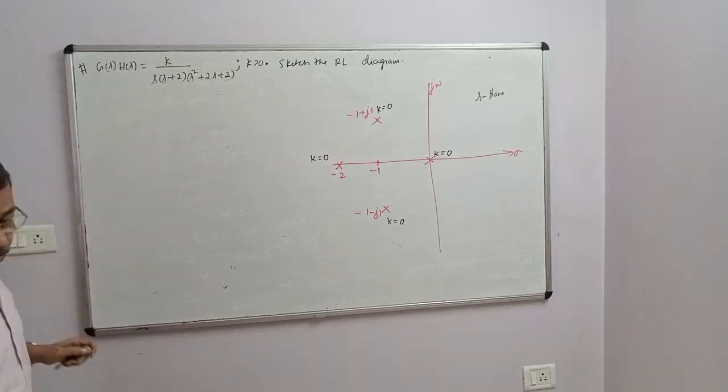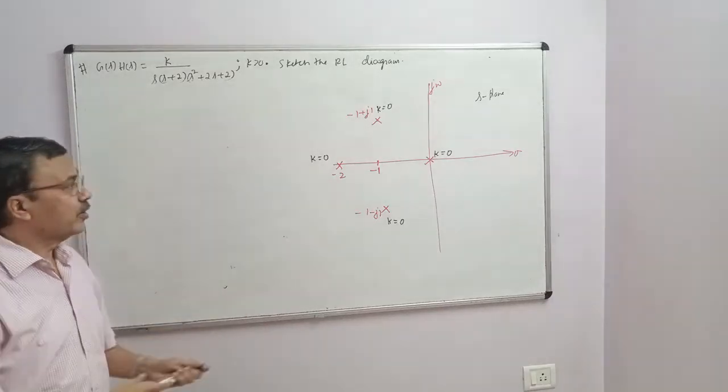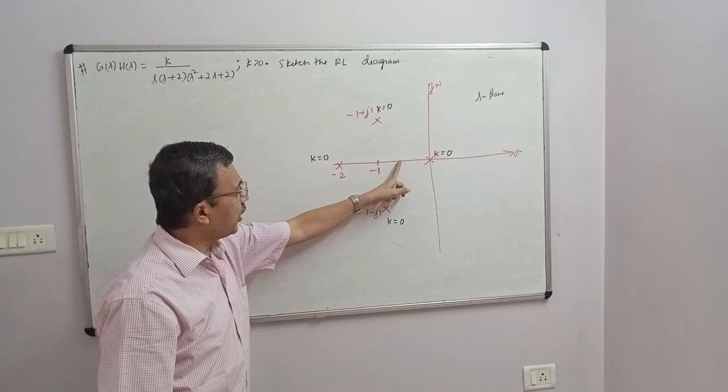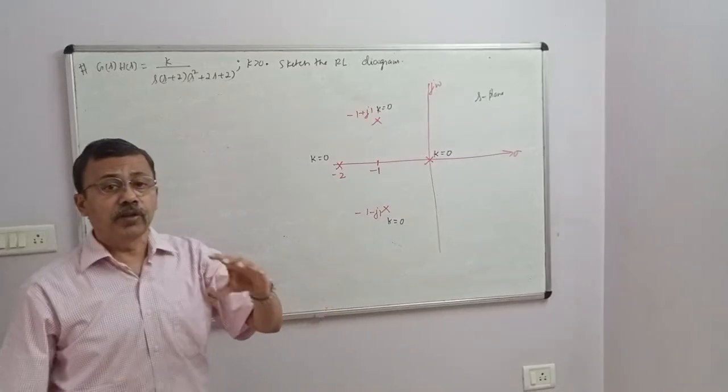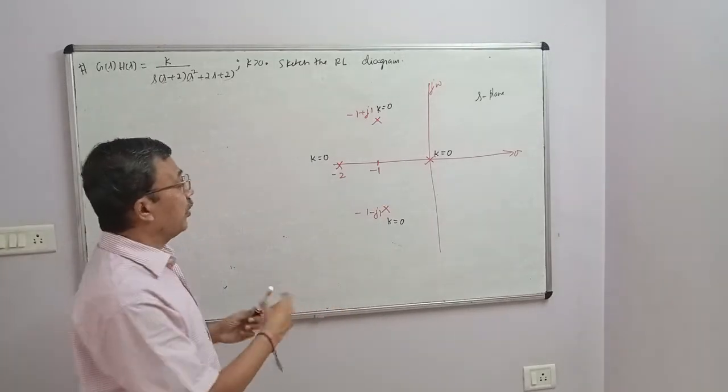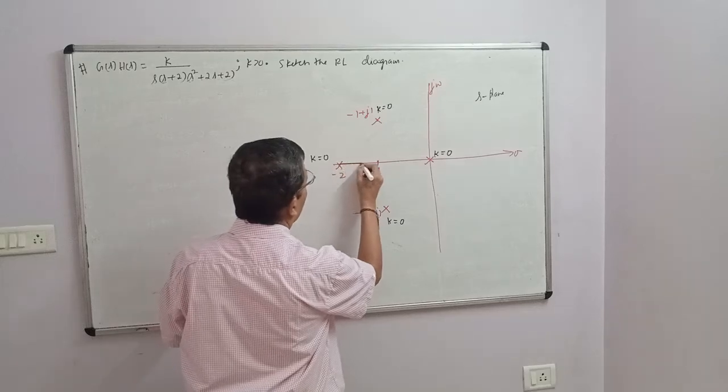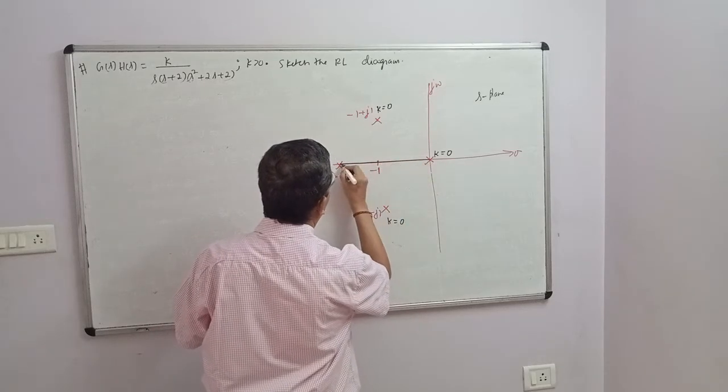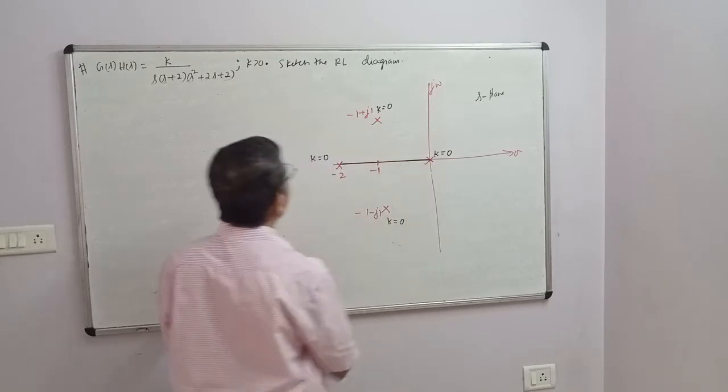Next is how to sketch the real axis locus. You take a point, see the right of that point. Number of poles plus zeros must be an odd number. Like in the previous problem, the real axis locus lies between 0 and minus 2 only.